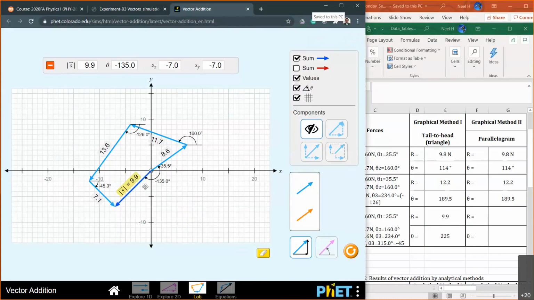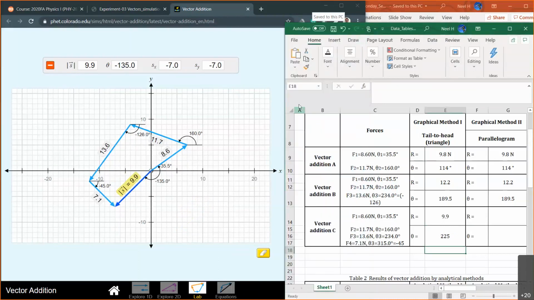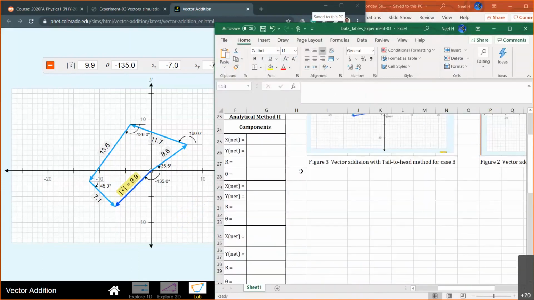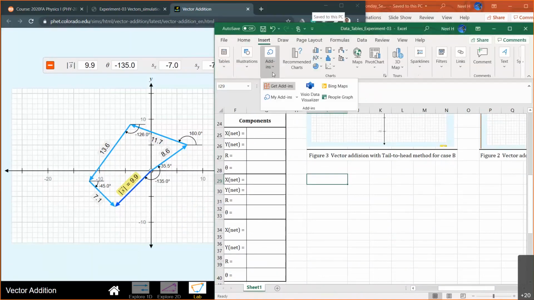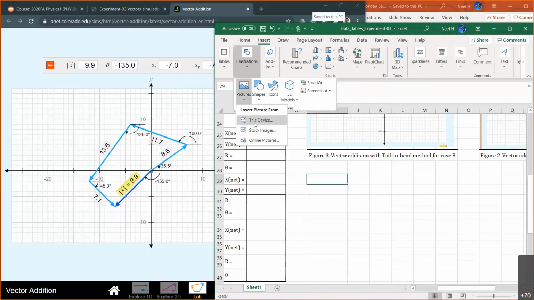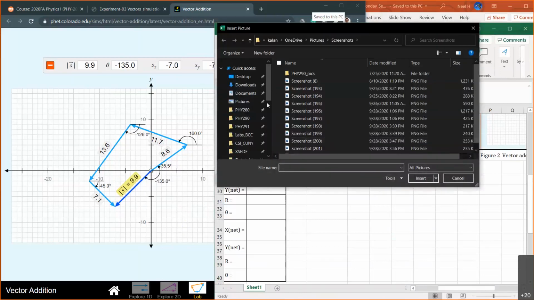Leave it there and then take the screenshot. And that screenshot you can also add after this one. Insert, add pictures, and the screenshot.